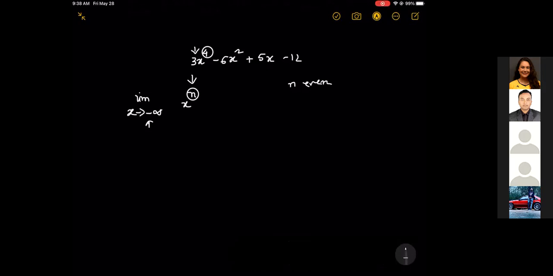when n is even, an even power always makes anything positive. You can't have anything negative when you have an even power, right? So if n is even, your x to the n will tend to positive infinity. Even though x is approaching negative infinity, still x to the n will approach positive infinity.